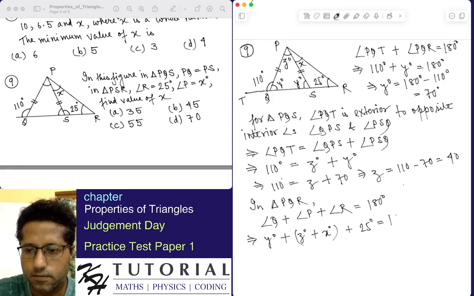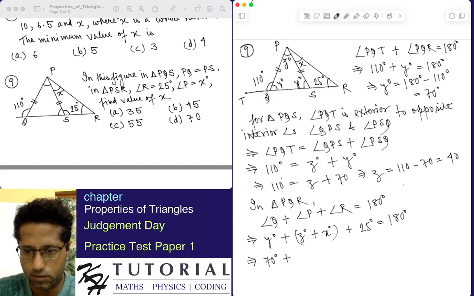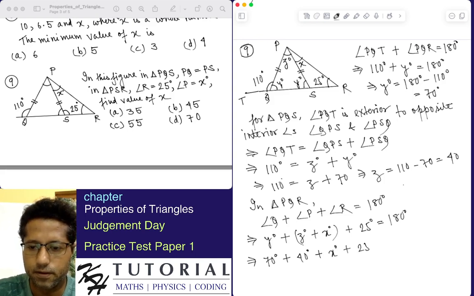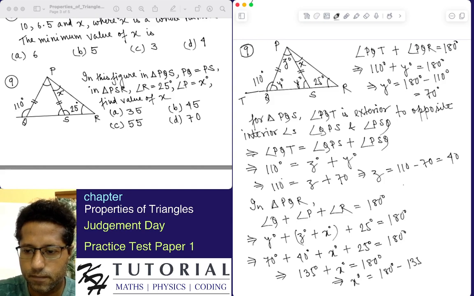This is equal to 180 degree. Now y we know as 70 degree, z we know is 40 degree, plus x degree plus 25 degree is equal to 180 degree. This implies 70 plus 40 is 110, and so 135 degree plus x degree is equal to 180 degree. This implies x degree is equal to 180 degree minus 135 degree. This is equal to 45 degree.